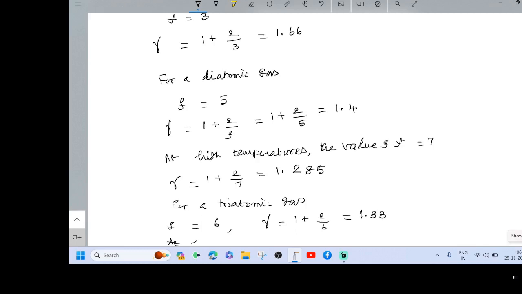At high temperatures, F equals 7, then gamma equals 1.285.